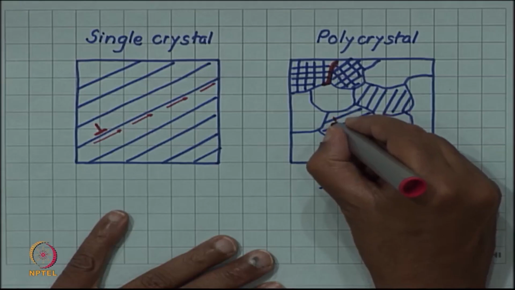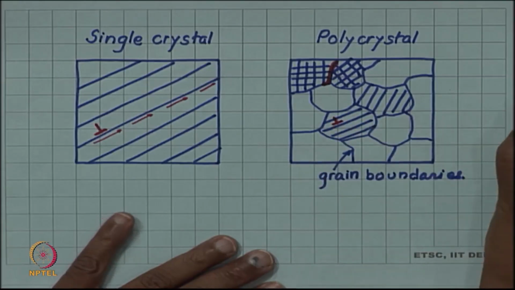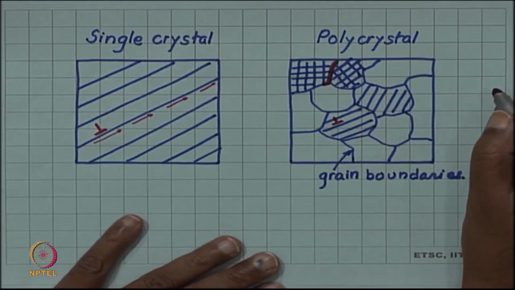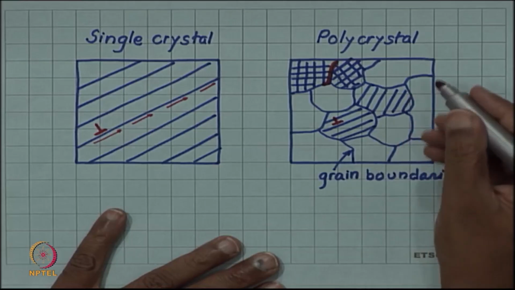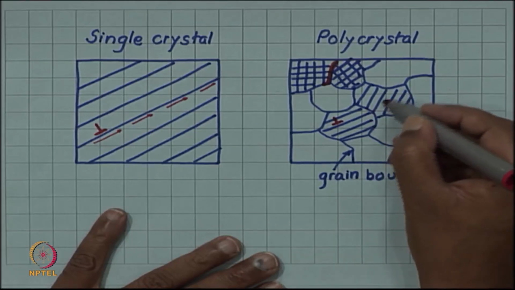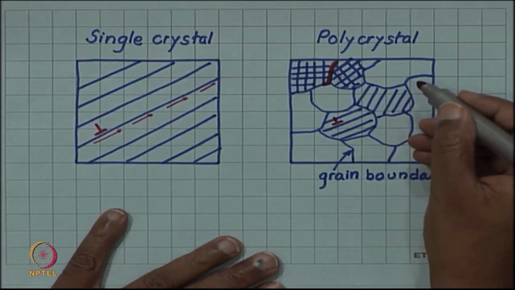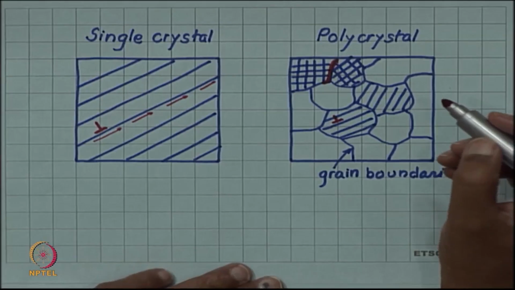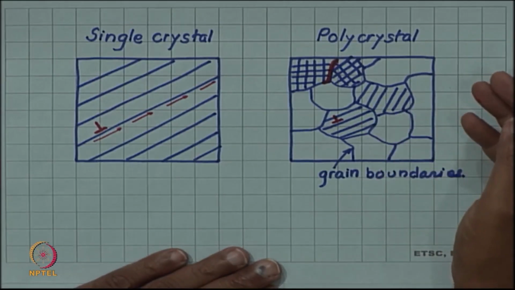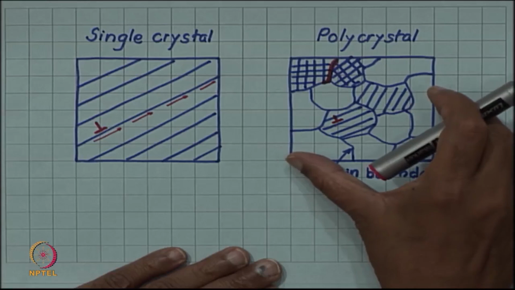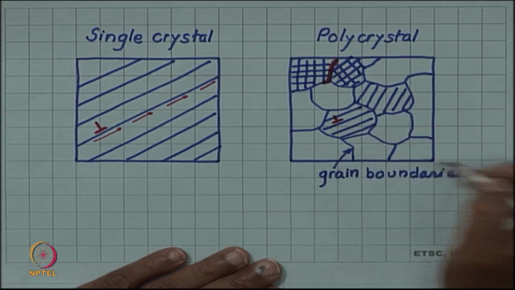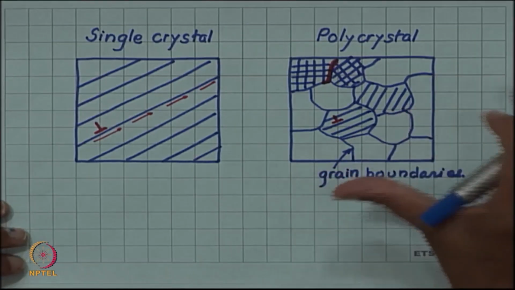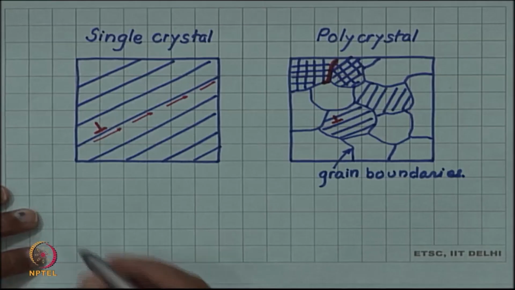A dislocation moving here has to necessarily stop at the grain boundary. For deformation to continue, another dislocation has to be activated in the other grain, which may not be favorably oriented. Thus the motion of the dislocation is obstructed by the grain boundaries, and it becomes more difficult to continue the deformation through dislocation motion.